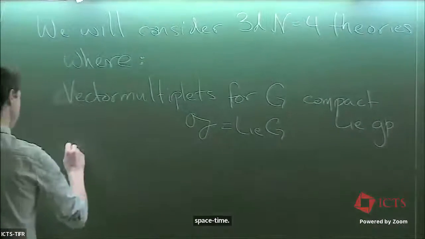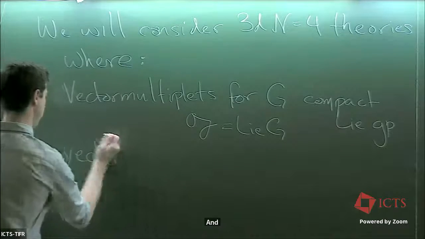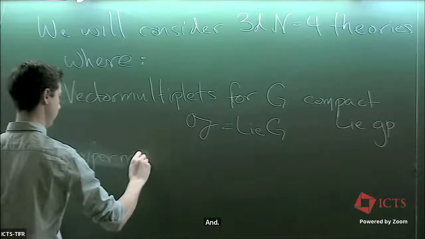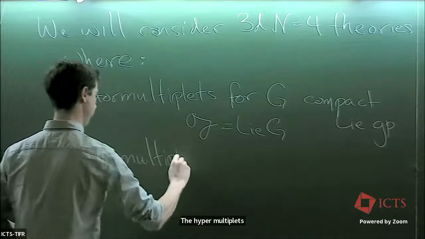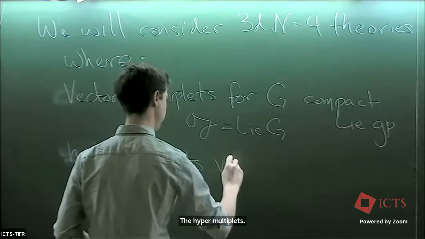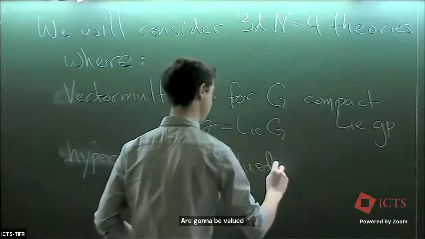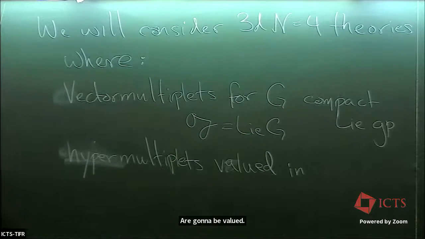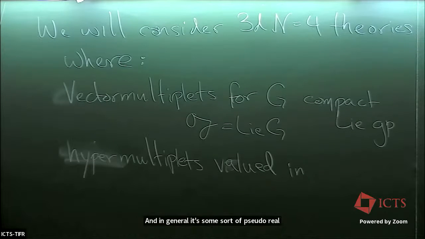And the hypermultiplets are going to be valued in general in some sort of pseudo-real representation. So A is going to be some sort of symplectic thing.